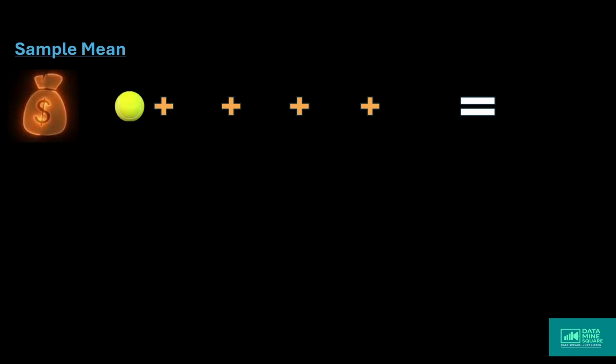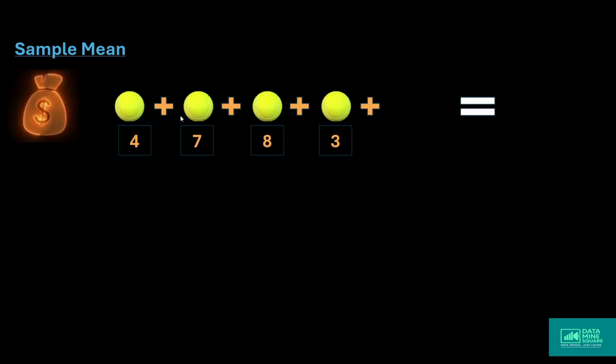Now, you start taking out the balls one by one and you don't know what the weight is. You took out the first ball and saw this ball is 4 kg. You took out the second ball, this ball is 7 kg. Similarly, the third one, the fourth one. After taking out the 4 balls, we now have 22 kg.